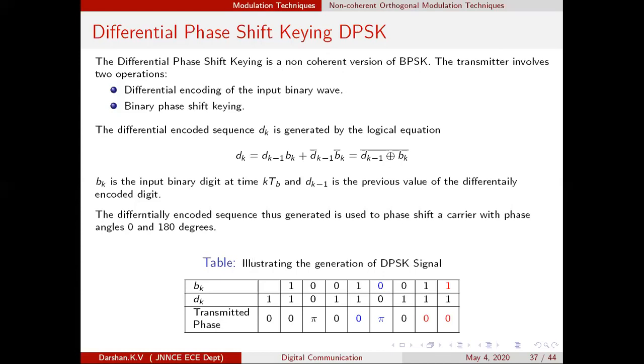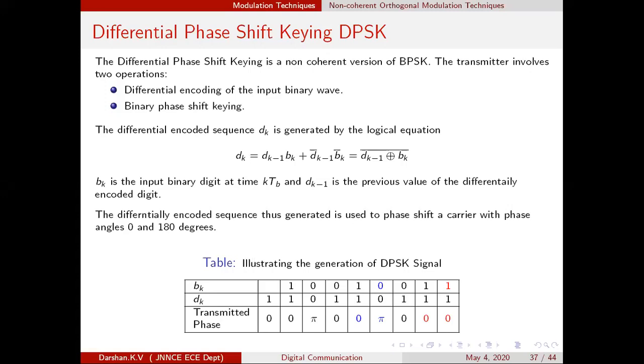So today we will continue the discussion about the design of the DPSK receiver, or in other words, how to develop a DPSK receiver. Remember, we are doing the DPSK modulation technique for non-coherent detection.